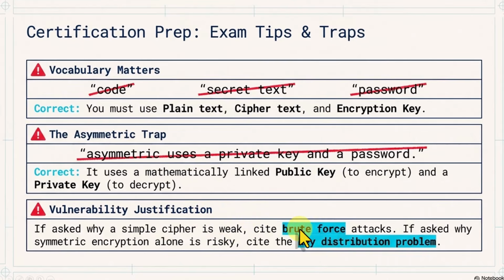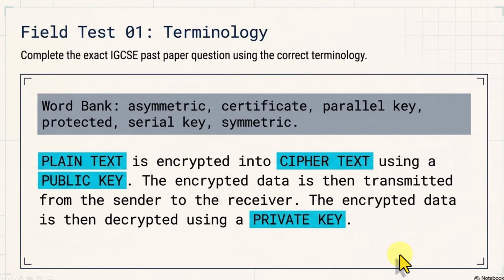A simple cipher is weak because hackers can brute force, checking many different encryption methods. And symmetric encryption alone is risky because the key has to be shared, and that creates a problem.